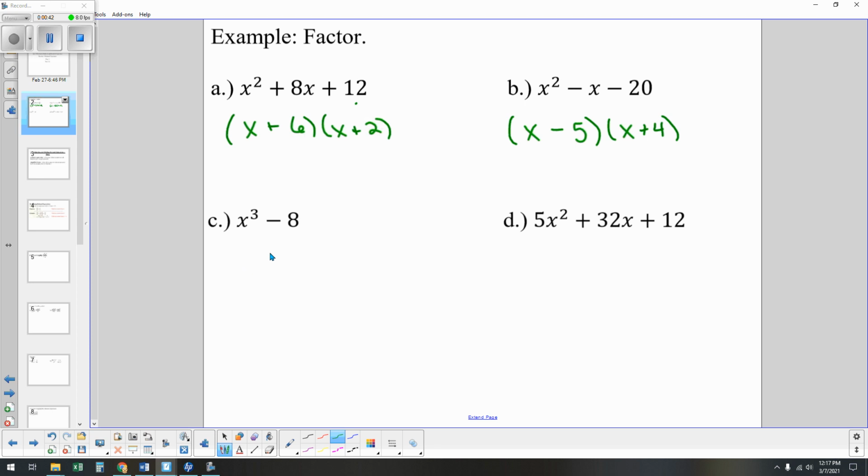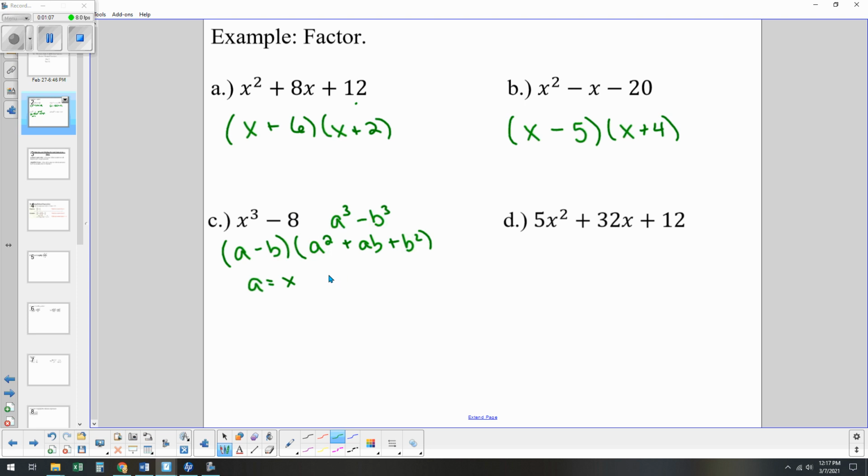C here is a little different. This was a cubed minus b cubed, and that was one of our special patterns that we had to plug into a formula. So that was going to be a minus b, and then a squared plus ab plus b squared. So I have to figure out what the two things are that are being cubed. In the first spot, it's x.